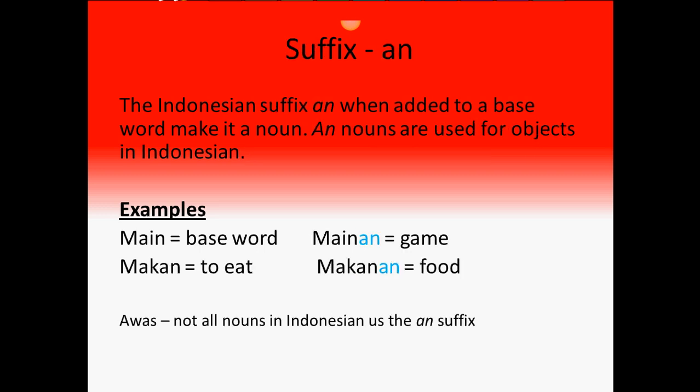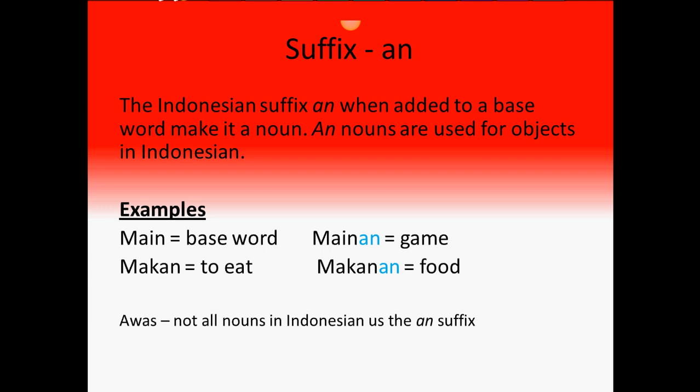Now, the suffix an. The an goes on the back of base words, and again, it makes things a noun in Indonesian, but it makes them objects this time. So per, our last one, made things a person noun, but this time the an just turns things into an object. Using the same base words as examples, main, when we put an on the back, mainan, makes it a game, an object, a thing.